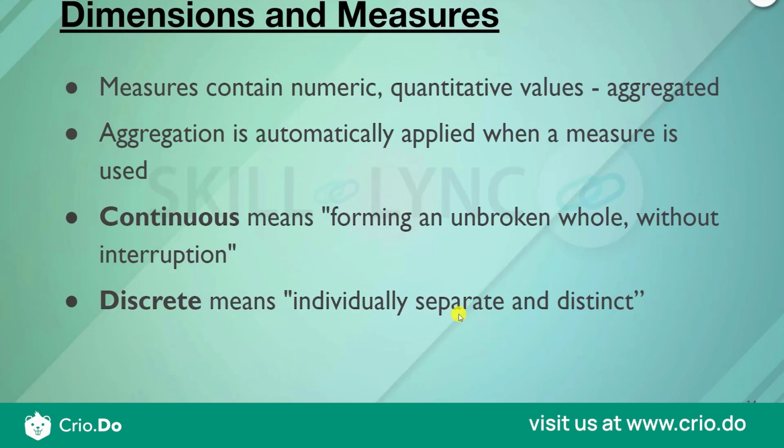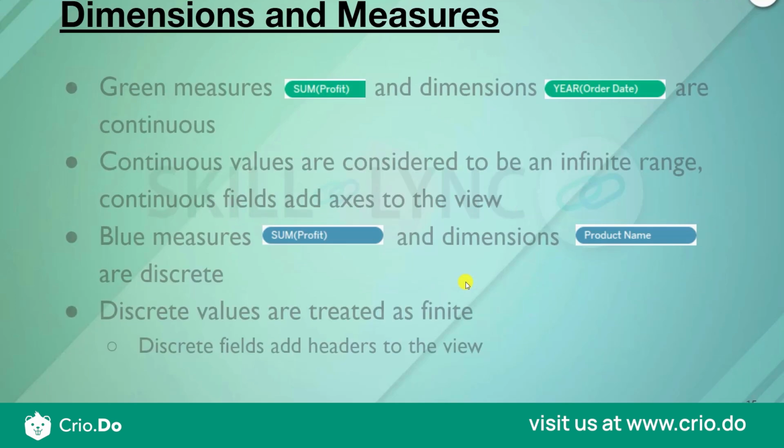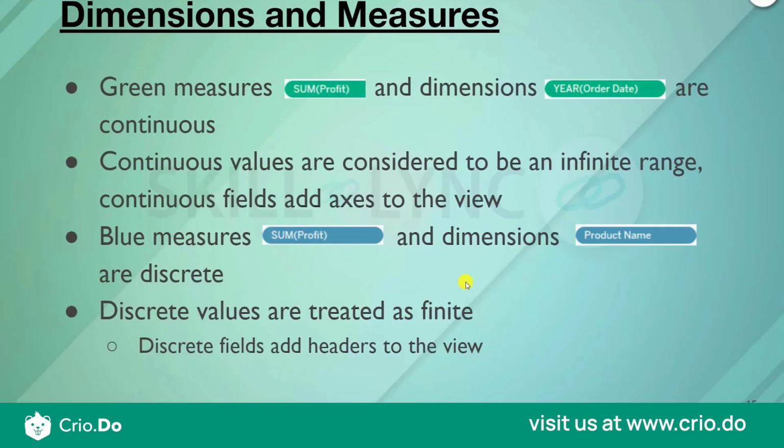Let's consider you have a number 1,000. You can also show it as 500 and 500. But if you have a word, say Tableau, you can't separate it, it is totally distinct. That is the difference. We will also see what continuous and discrete mean in more detail in the coming software demo.